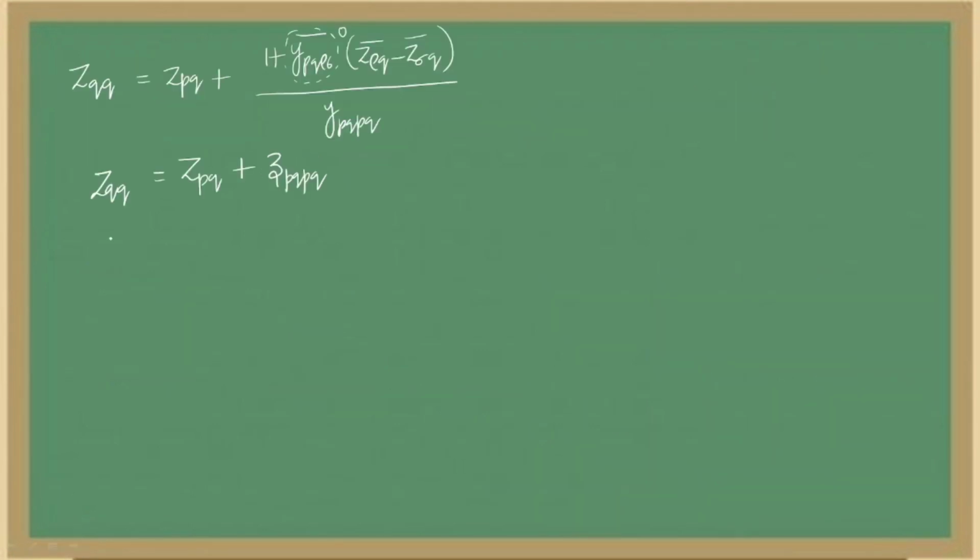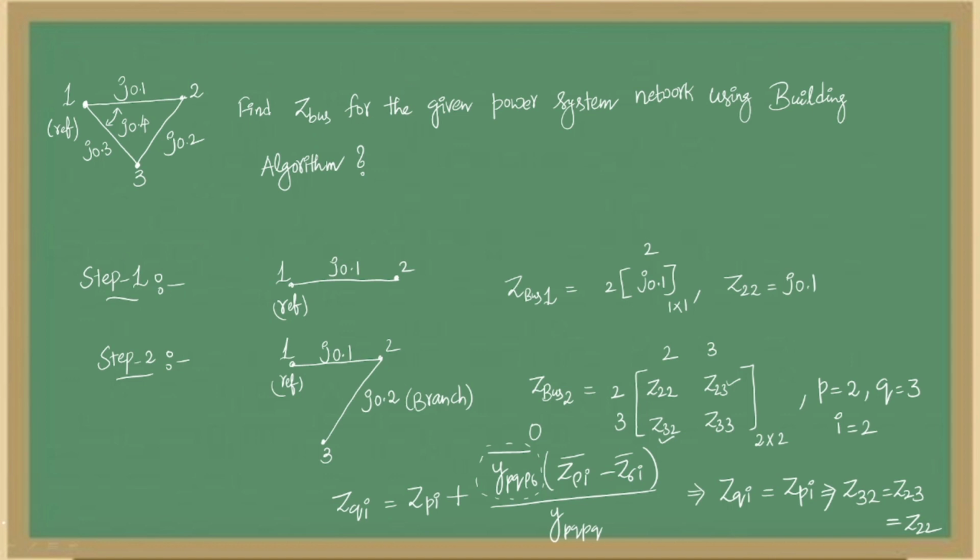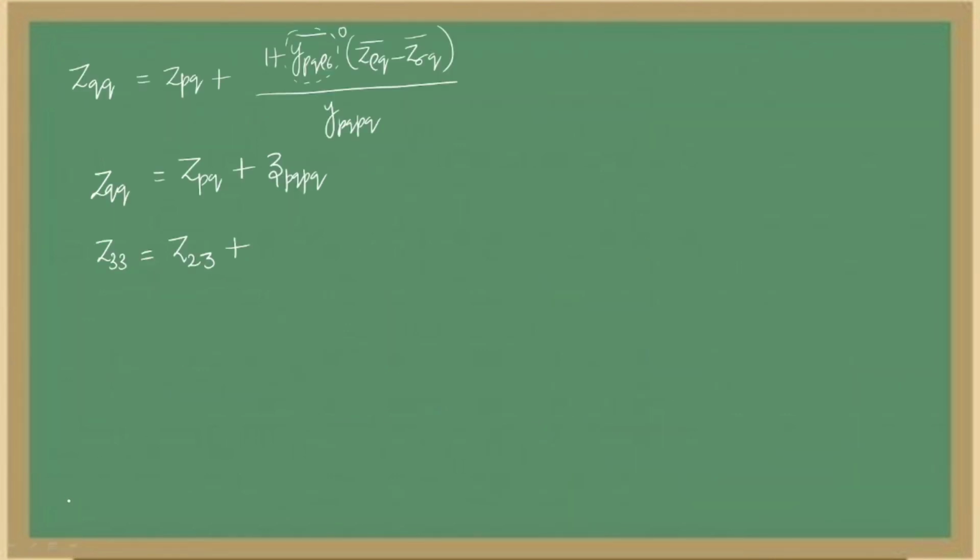Hence ZQQ means Z33 and it is equal to Z23 plus small z PQ. So what is the self impedance of the added element? It is J 0.2. Now Z23 is already J 0.1, we know, plus J 0.2. This value becomes J 0.3 per unit.